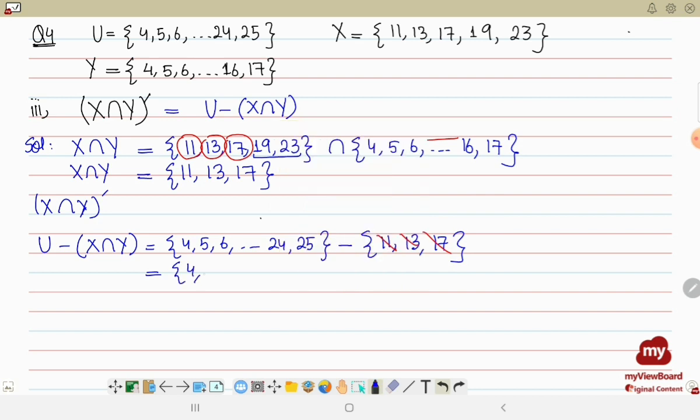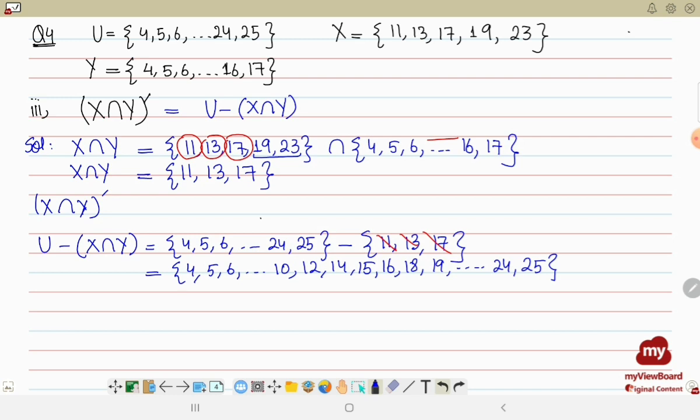So from 4, 5, 6 till 10 will come as it is. Then we have 11 removed, 12, 13 removed, 14, 15, 16, 17 removed, 18, 19 and so on, 24 and 25. ठीक है, ये बीच के भी सारे एलिमेंट्स हमारे पास मौजूद होंगे.